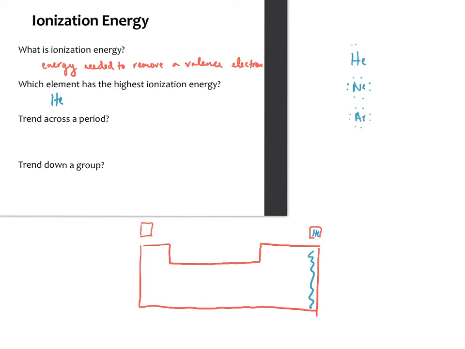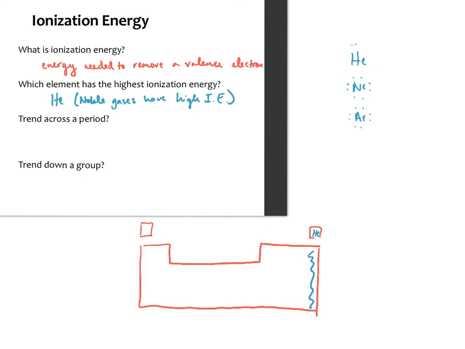These noble gases have their valence shells full, so they're very stable. They don't want anyone touching them. So that's why they have the highest ionization energy. So noble gases have high ionization energy values. They want to keep them.